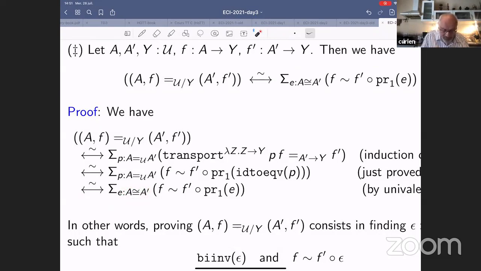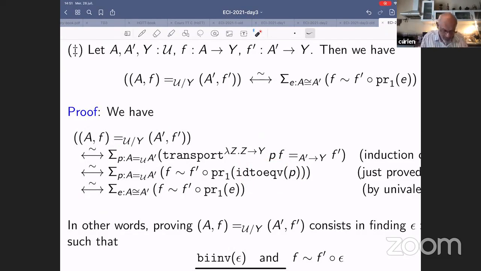So here we could as well consider only the case where P is of the form UA of E. If we put UA of E here, we have E to XV of UA of E, but UA being an inverse to E to XV by axiom, this is just E, up to equality.